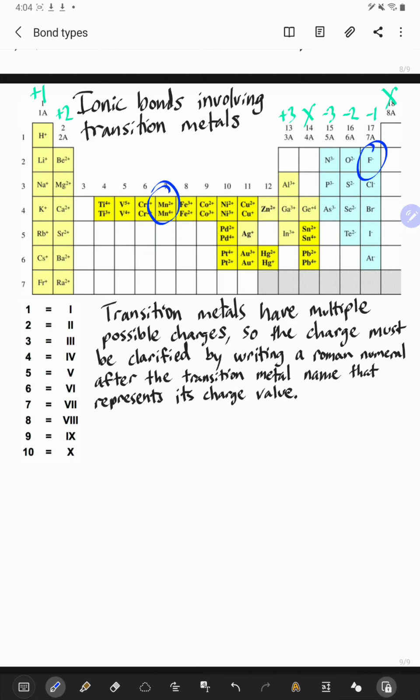We're going to have the name of the first element, manganese, and then the name of the second element, except we're going to get rid of the ending and replace it with IDE.